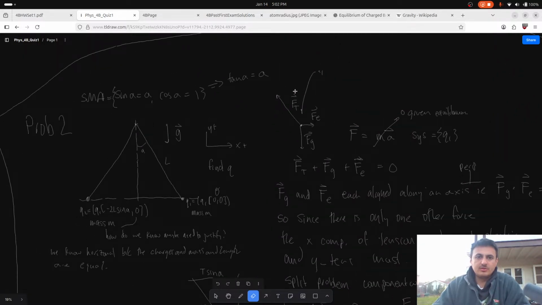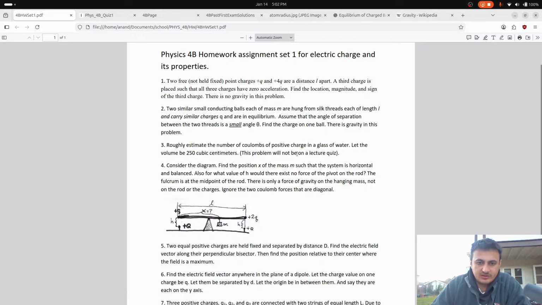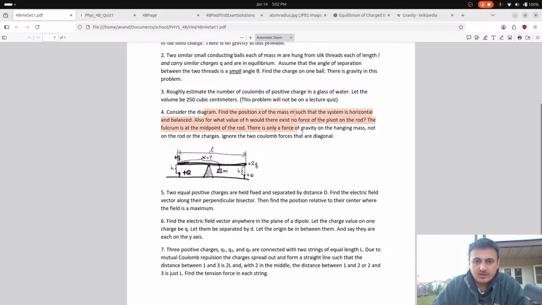All right, problem 3 is nothing. Problem 3 is just calculating. Problem 4, this one is the one that I really need to get. This is the first time I'm doing the torque thing.